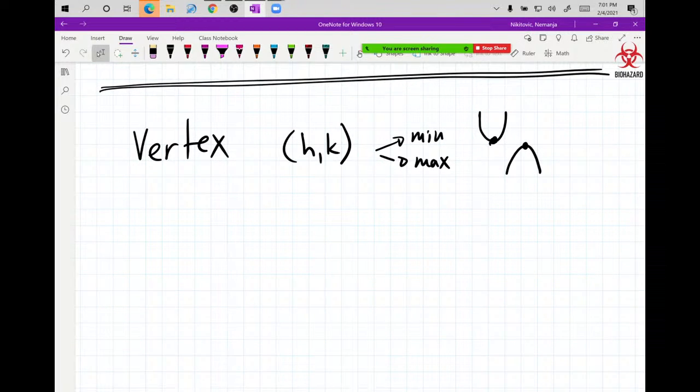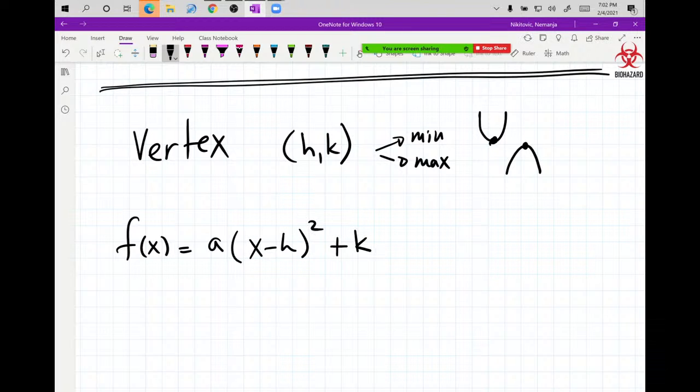And the vertex can be calculated using a formula. If your function f of x is equal to a times (x minus h) squared plus k, in this case we can just read them off because they're there.